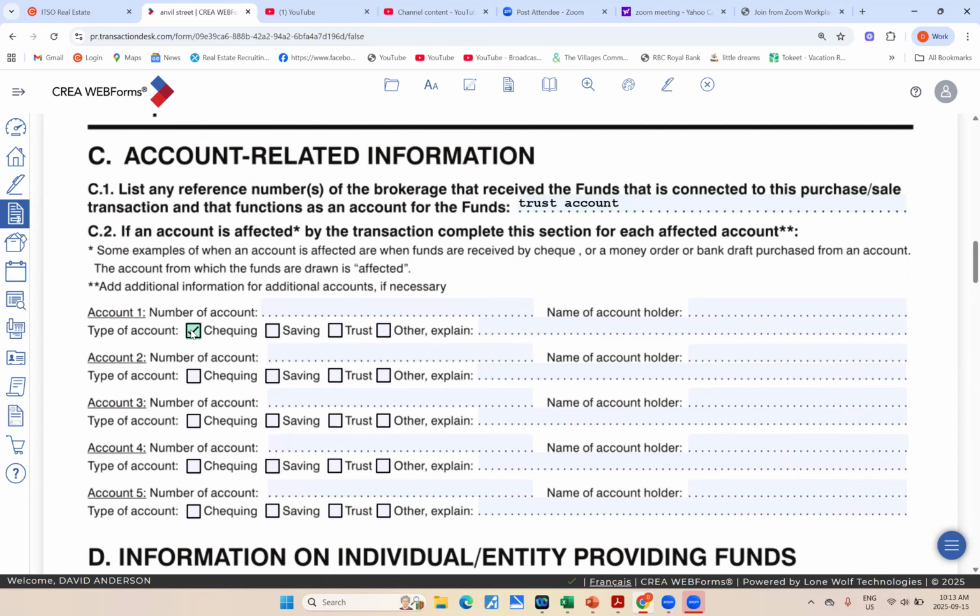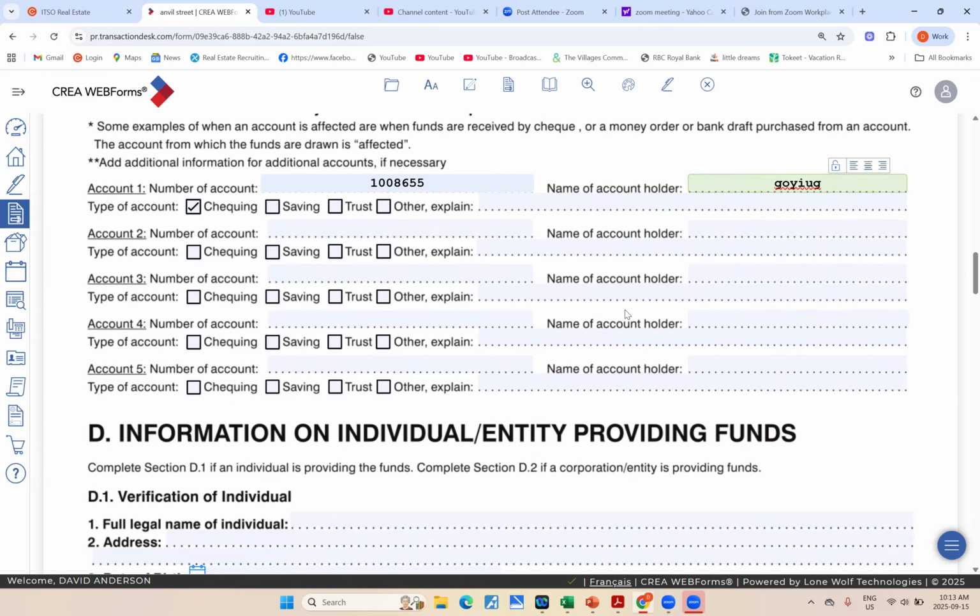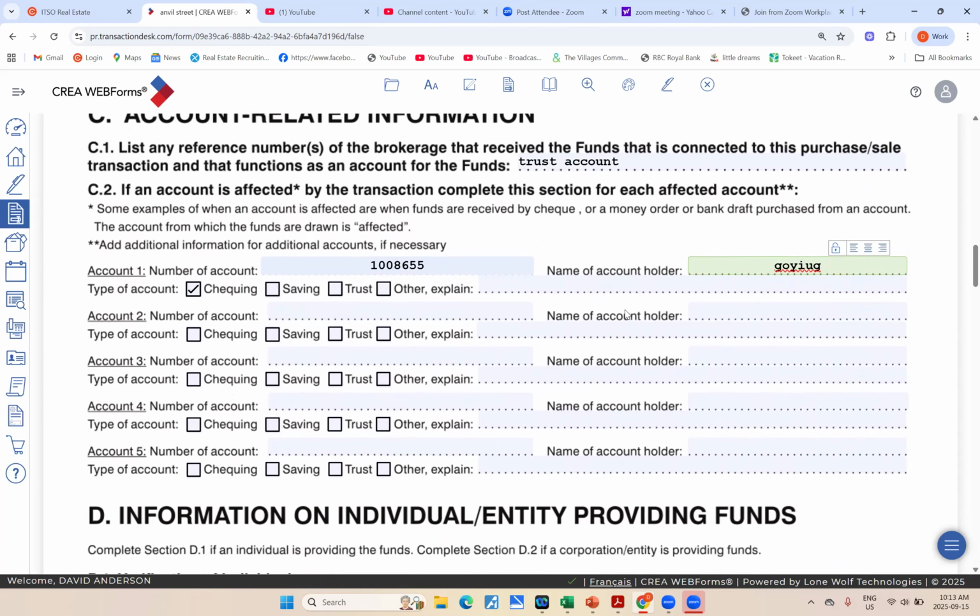So let's say it came from a checking account. You have to put the number of the account here, and then the name of the account holder goes in here. If you got two checks, then you fill this in twice. So very simple. You just have to know the information in order to do that, and you get that from the check. So that's part C.